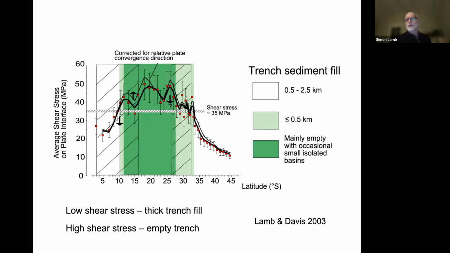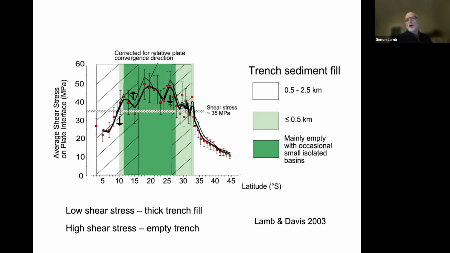The reason for that is that the basement topography in ocean crust is about 500 meters. That is just reflecting the original normal faulting at the mid-ocean ridge. If you've got less than 500 meters of sediment fill, you're not smoothing out that topography, and so you've got these rough, strong bits of basaltic crust going down into the subduction zone, capable of transmitting significant stress.